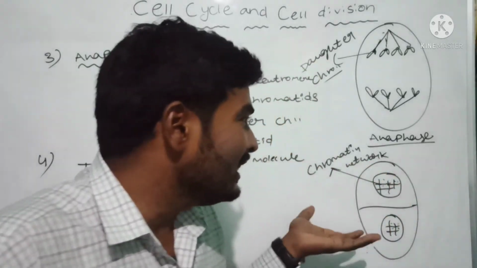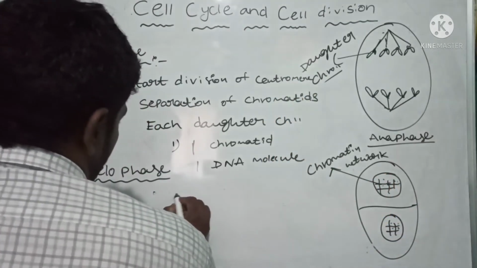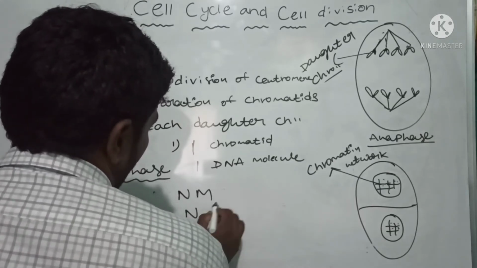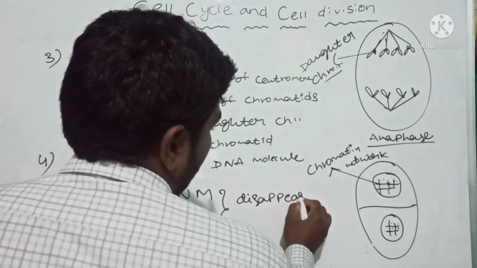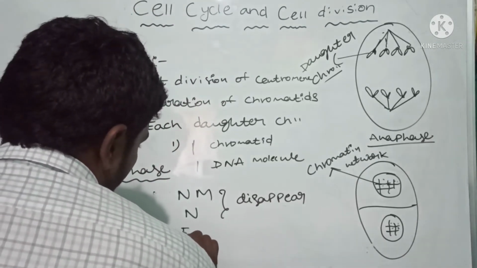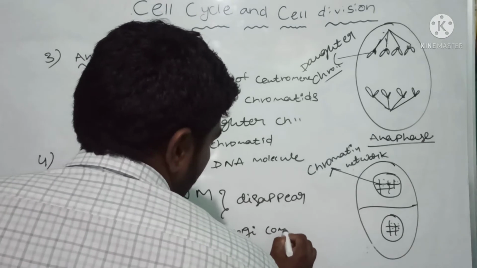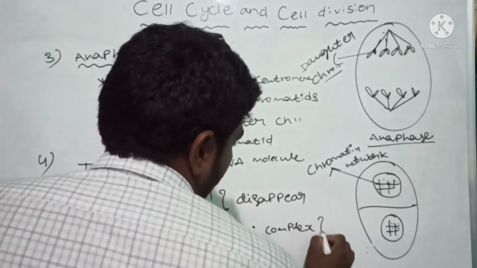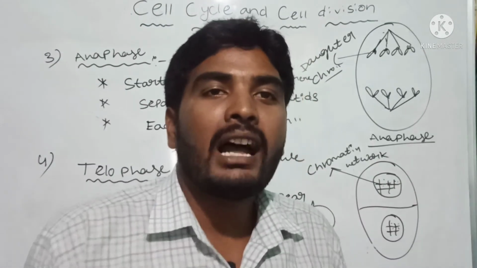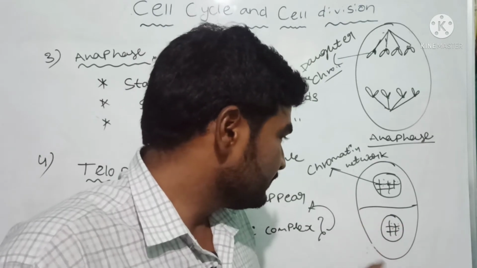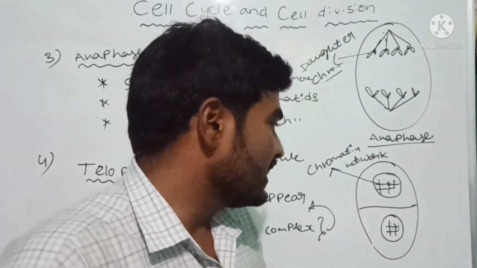So the cell has two daughter nuclei at the end of telophase. These are the changes of telophase.